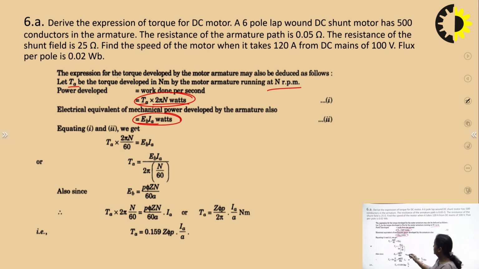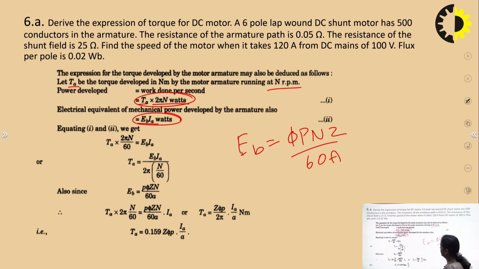So TA is equal to EB IA divided by 2 pi n by 60. We know that EB, the back EMF produced in the armature, is equal to phi P n Z upon 60A, right, which is written here. So we will put this value in this equation.